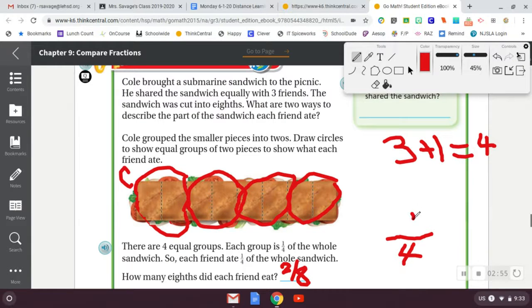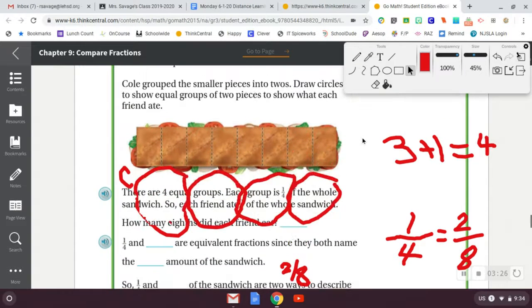He ate 1. So when we have this sandwich broken up into 4 groups, the amount that Cole and each of his friends ate is 1/4 of the whole thing. So we can say that 1/4 is equivalent to 2/8 because there's 2/8 in that 1/4 size piece.